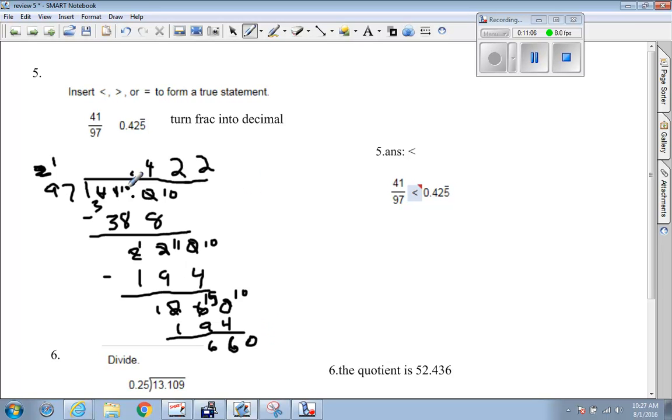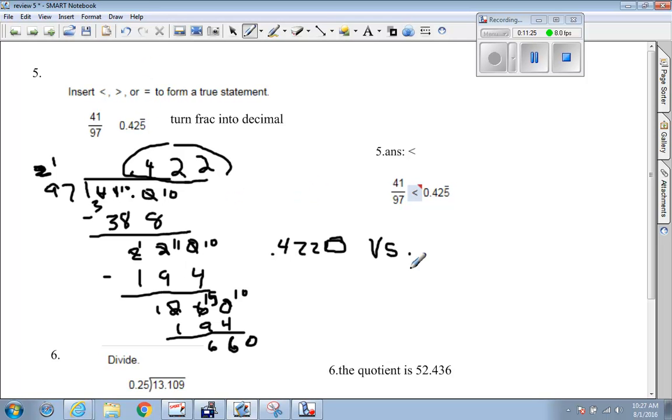Now, the thing is, we can see as soon as, let me just grab this part of the quotient. Right away we're comparing 0.42 to something, despite what the next decimal is, versus, remember the other one, 0.425.